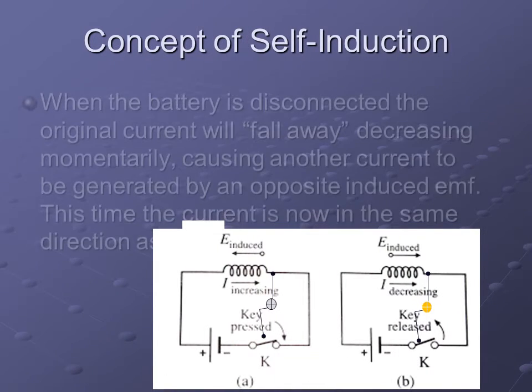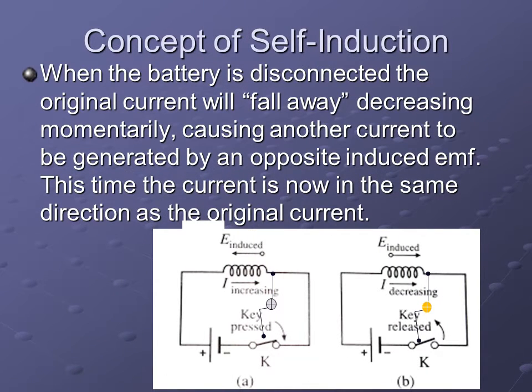When the battery is disconnected, the original current will fall away, decreasing momentarily through the link provided and indicated by the red positive sign, causing another current to be generated by an opposite induced EMF. This time the current is now in the same direction as the original current.